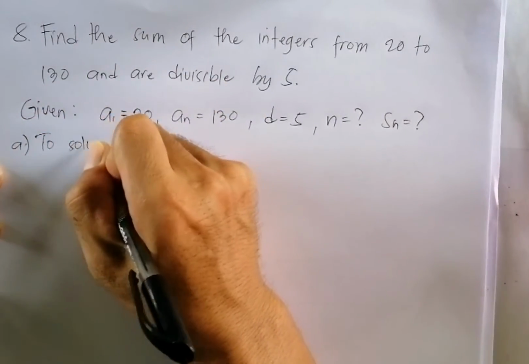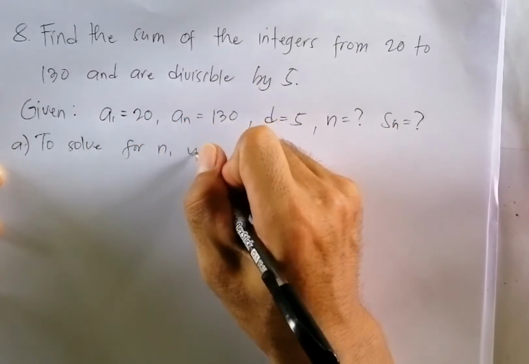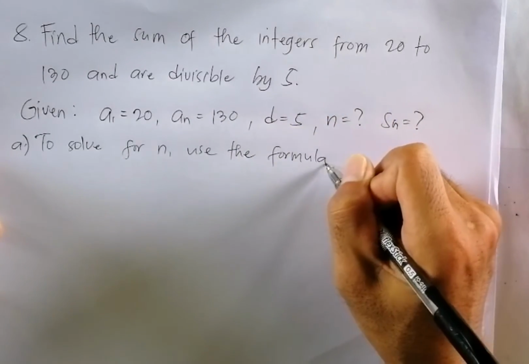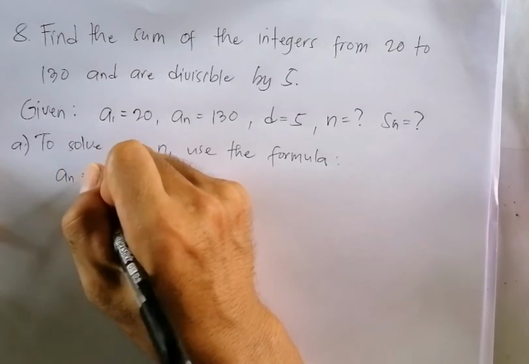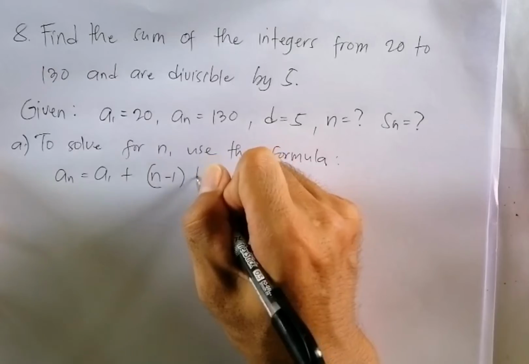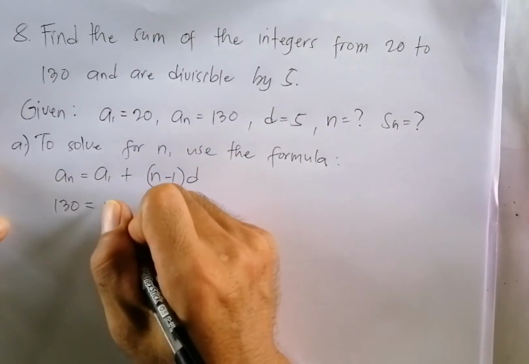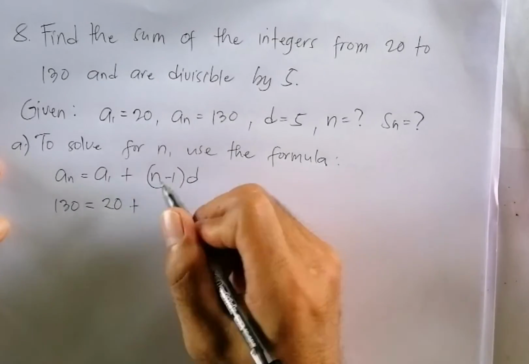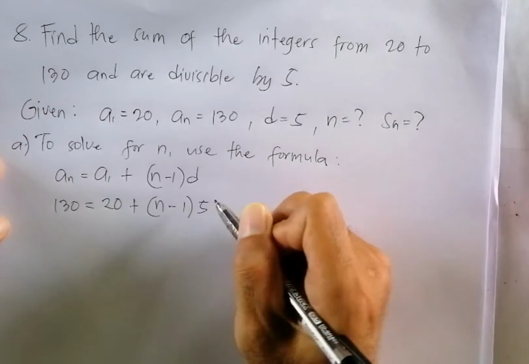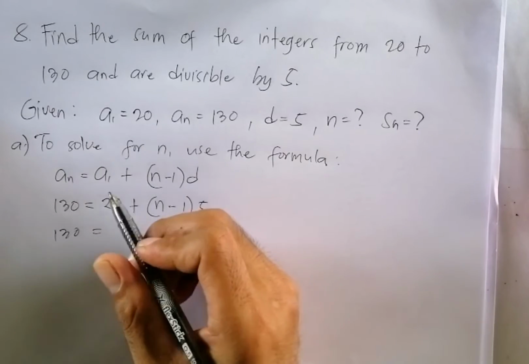To solve for n, use the formula of A sub n is equal to A sub 1 plus the quantity of n minus 1 times common difference. So A sub n is equal to 130, then A sub 1 is 20 plus common difference is 5. Okay, 130 is equal to 20.